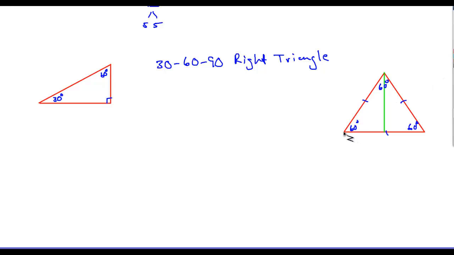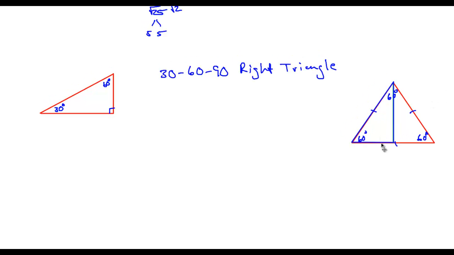So I'm going to split it in half. Just pull off this half. Now let's pretend that this is all we have here. I know this is 60. How much is this? Hopefully you see that when I split this in half, that makes this 30.